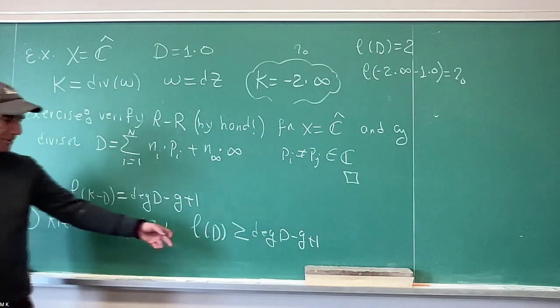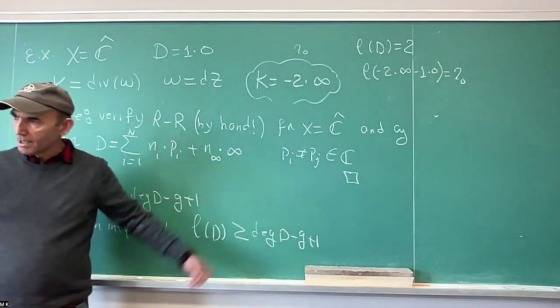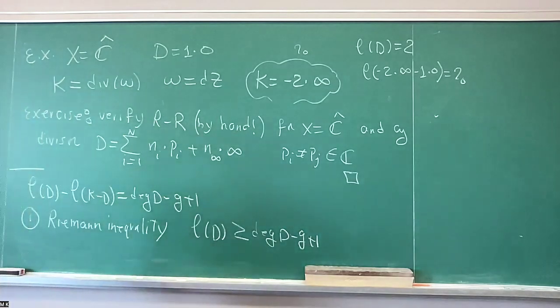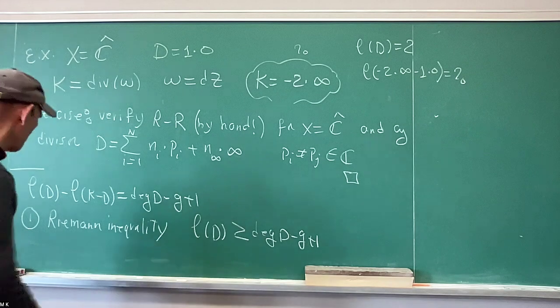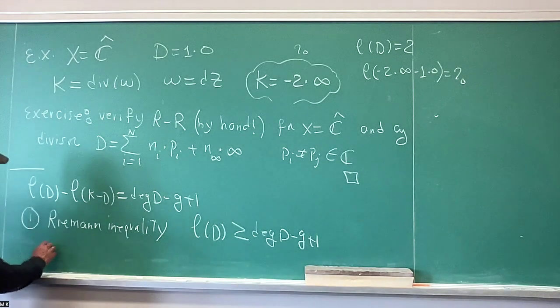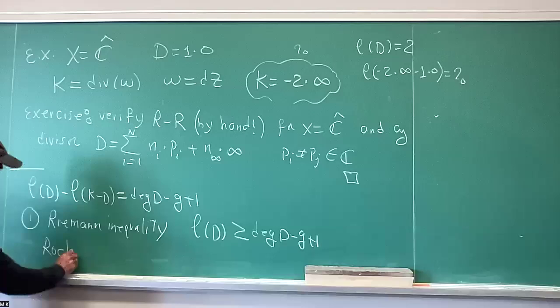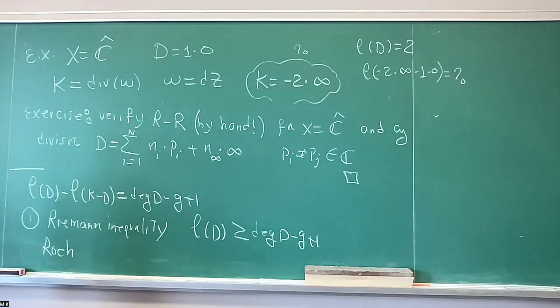But just how much bigger the left-hand side is than the right-hand side was discovered by Roch a few years after Riemann. You can try to read Roch's paper that's available. It's in German, but you can ask ChatGPT to translate it for you, even with the LaTeX, in a fraction of a second. It's a wonderful read, but it's not understandable.